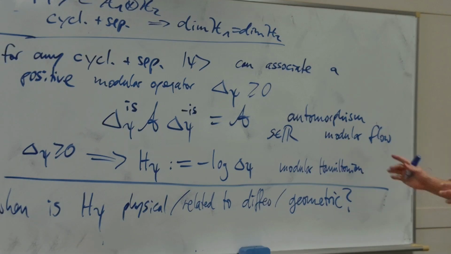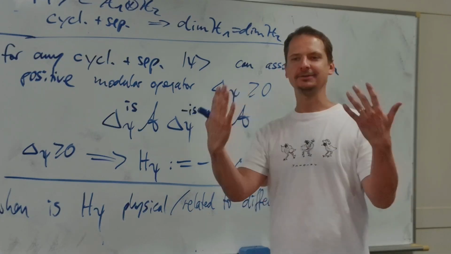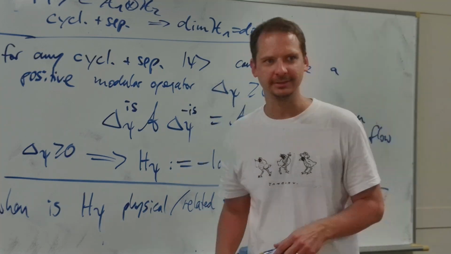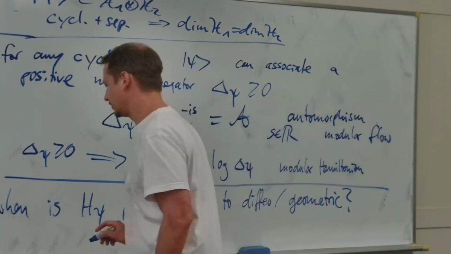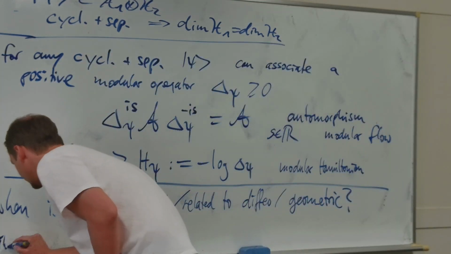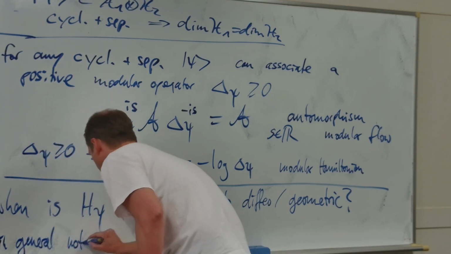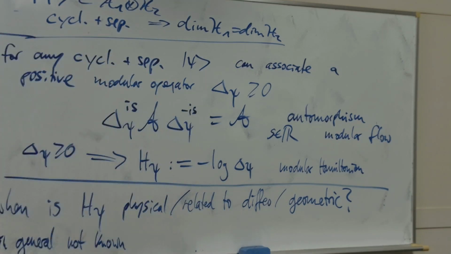So that's why what I'm explaining here is more providing you some intuition for it. I mean, to really understand this properly, it's a lot more work than this here. So in general, the answer to this is not known. In recent years, there were a lot of discussions about geometric modular flow conjectures and such kinds of things.